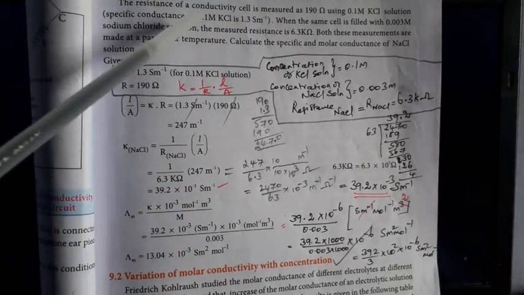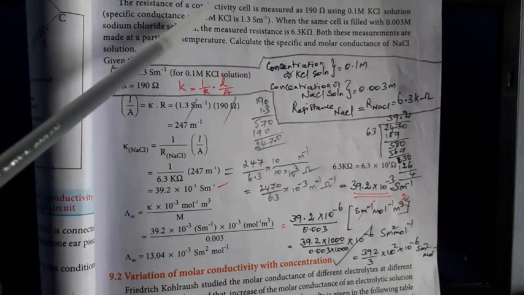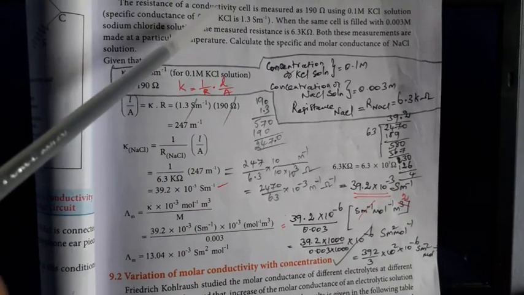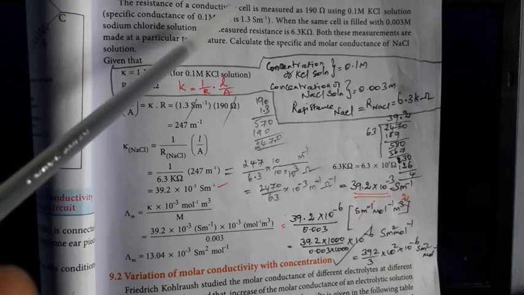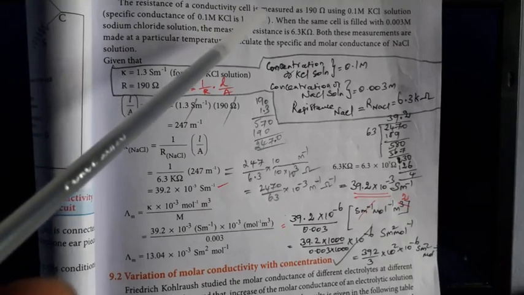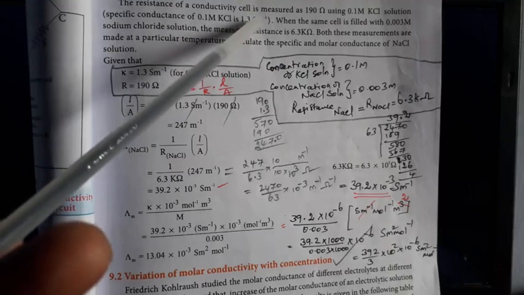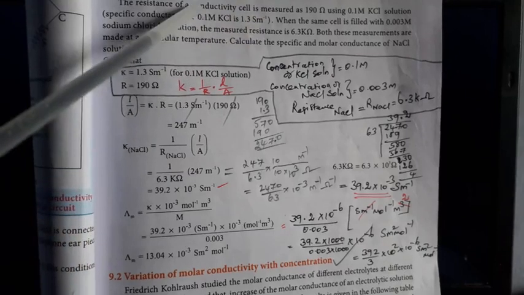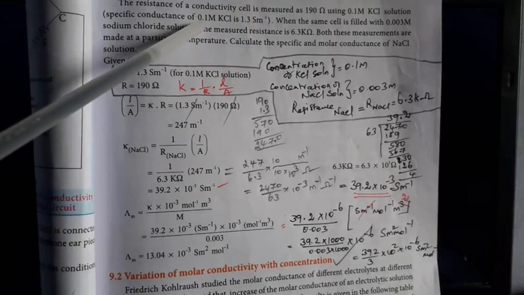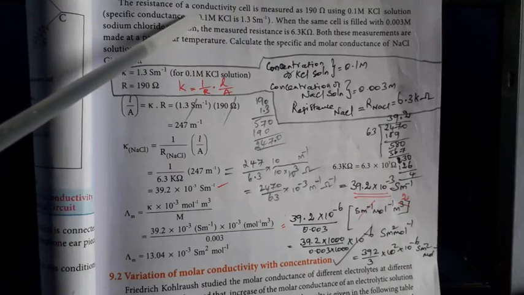Specific conductance of 0.1 mole potassium chloride is 1.3 S m power minus 1. This is the specific conductance of the potassium chloride solution at 0.1 mole normality, so this is a known value.